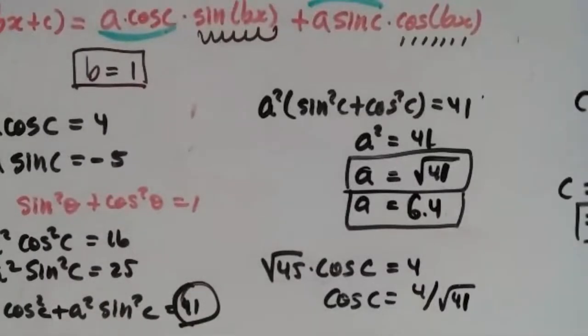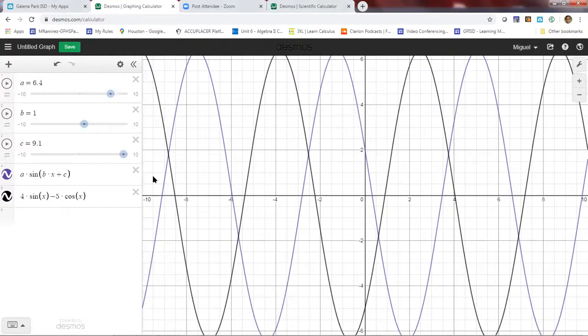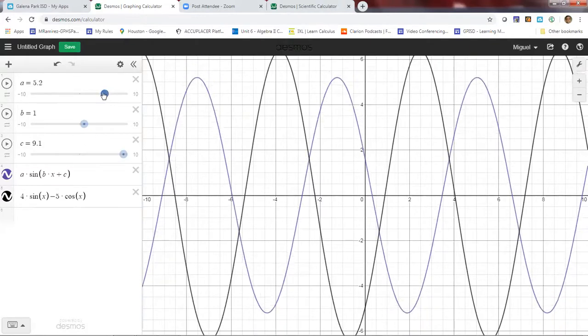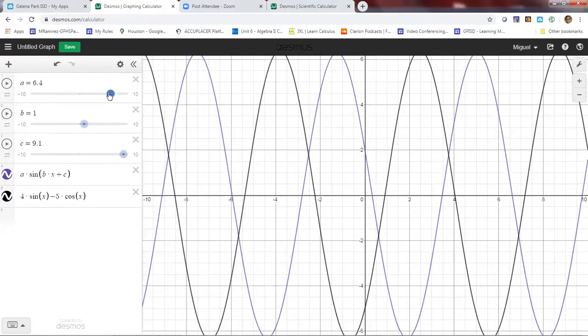So you can do the same to check if you are right. So it's 6.7, now 6.4. Let me just change the amplitude, 6.4. Okay, looks better. And then I have 0.896. Well, this one is a 6.4.